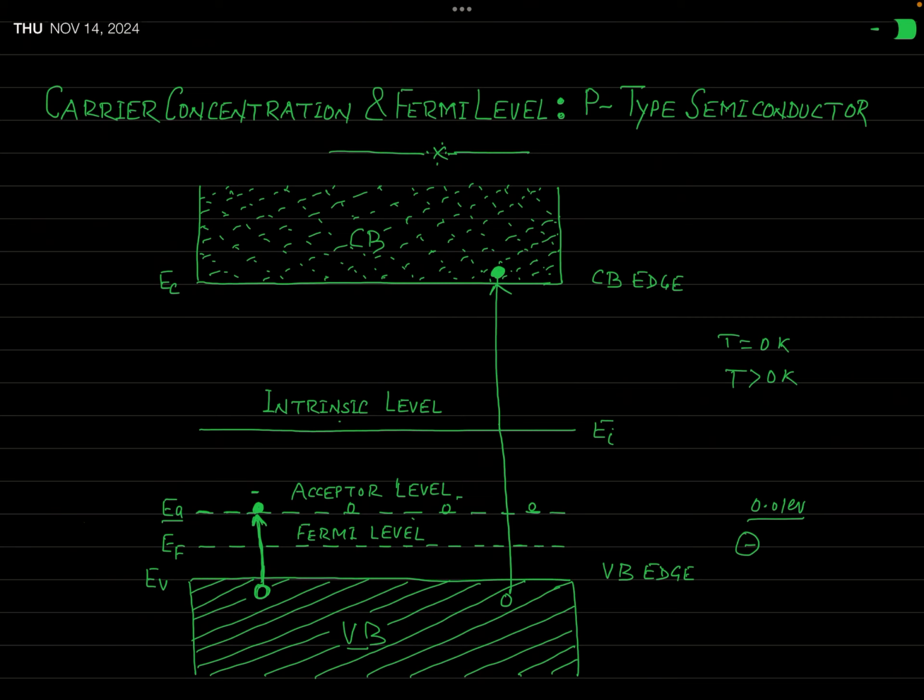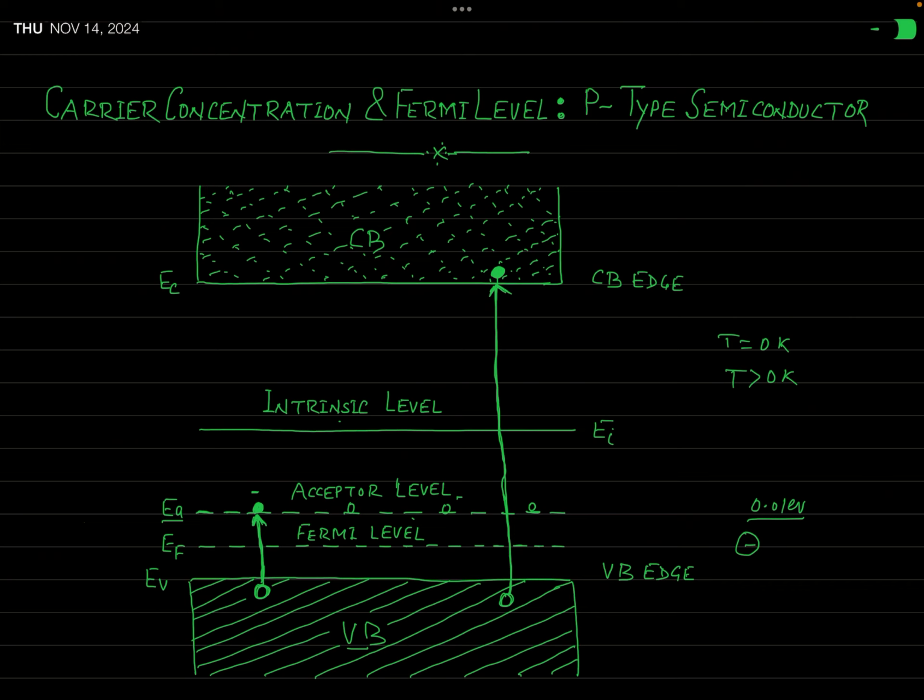On the other hand, there will also be some thermal excitation, so that some of the electrons will move from this valence band to the conduction band. As I have shown by this line, you can see that the electron which gets released due to the breaking of covalent bonds moves to the conduction band.